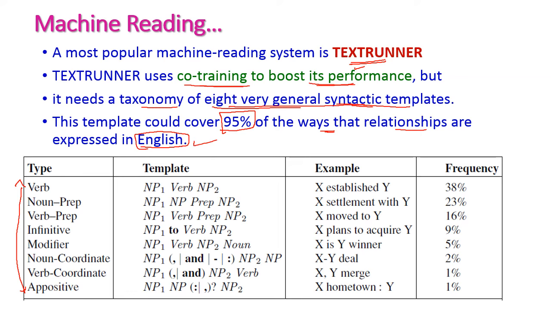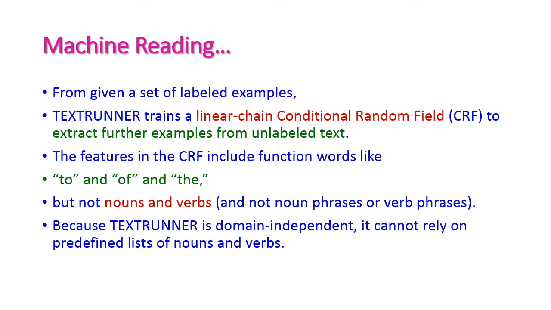From a given set of labeled examples, TextRunner trains a linear-chain conditional random field, that is CRF, to extract further examples from unlabeled text.